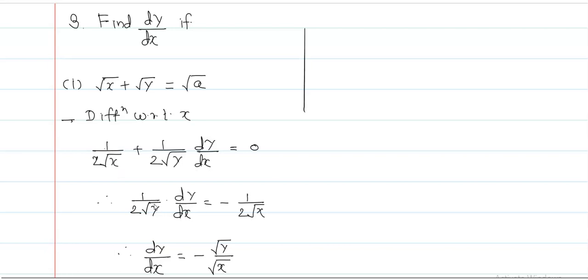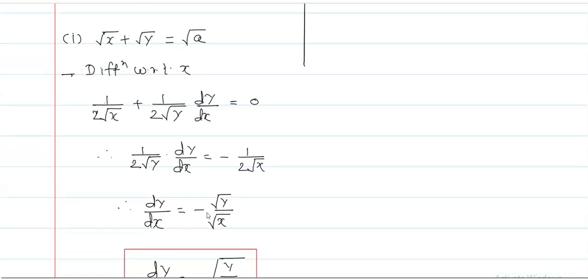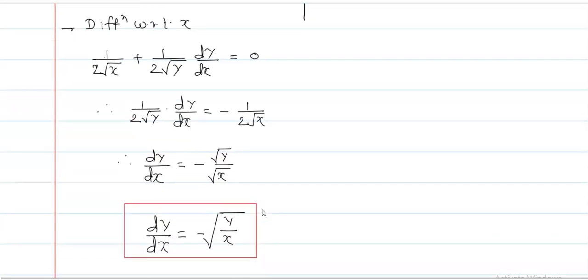Differentiate with respect to x: 1 upon 2 root x plus 1 upon 2 root y into dy by dx. Therefore 1 upon 2 root y into dy by dx is equal to minus 1 upon 2 root x. Therefore dy by dx is equal to minus root y upon root x, and that's why dy by dx is equal to minus root of y upon x.